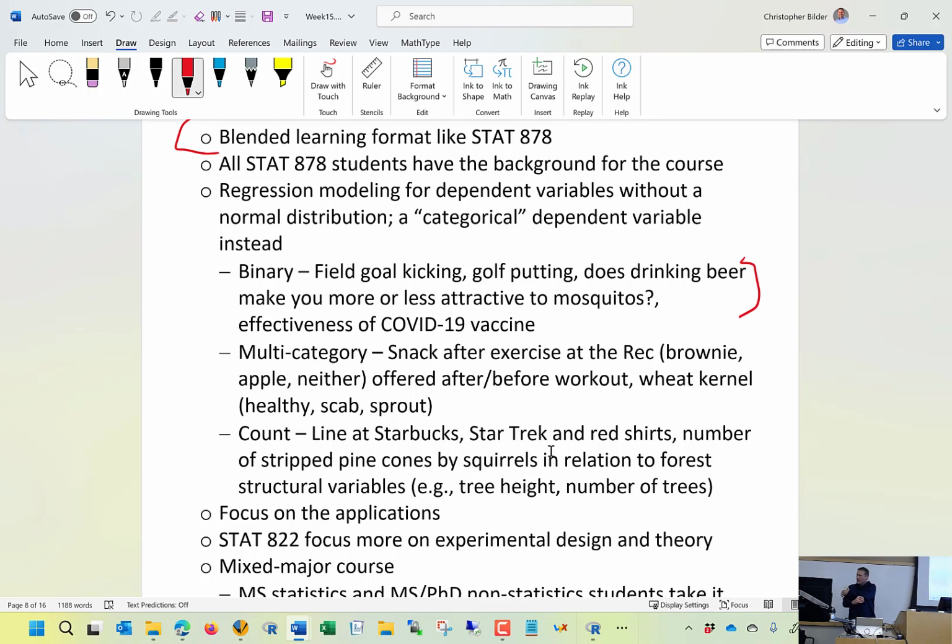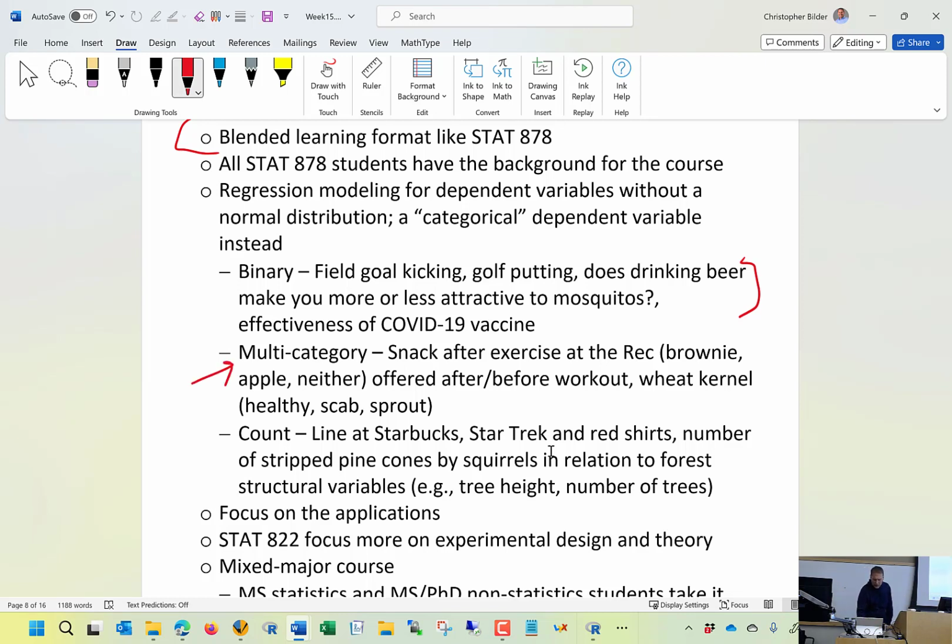And they would put some mosquitoes at one end of the tube, and they let the mosquitoes go, and they would see if the mosquitoes go towards that person's arm. Now, the mosquitoes couldn't actually touch the arm, but they could smell the scent that's given off from the person. And so essentially success or failure, again, a binary outcome. Does a mosquito go to that person's arm or not?